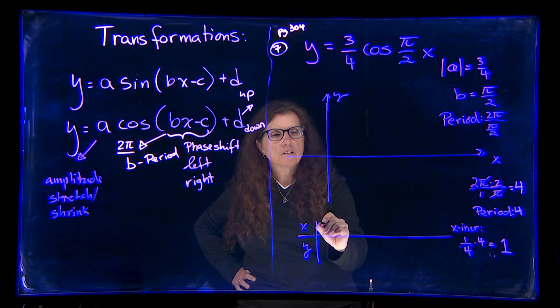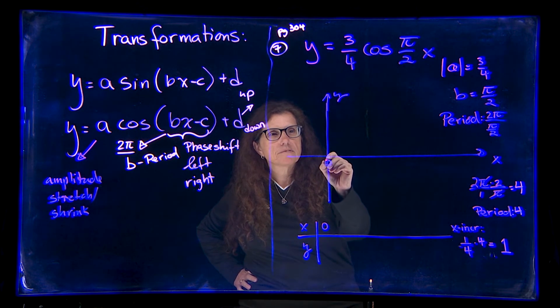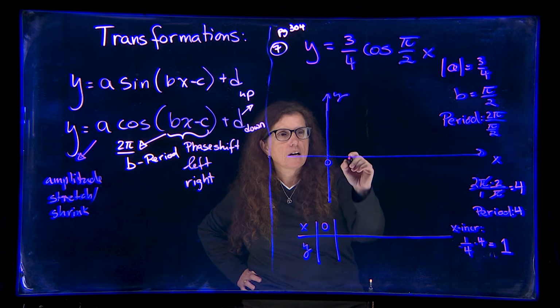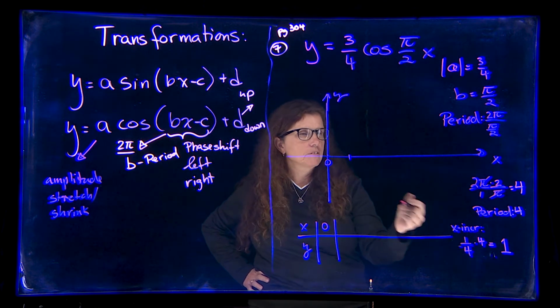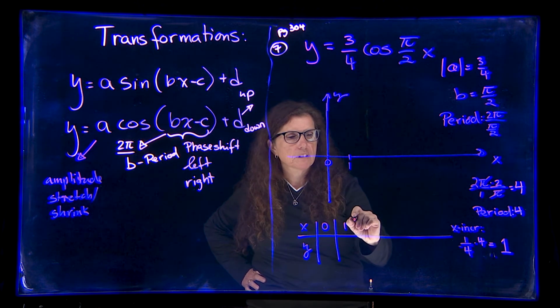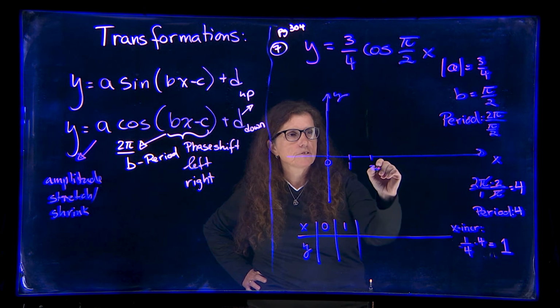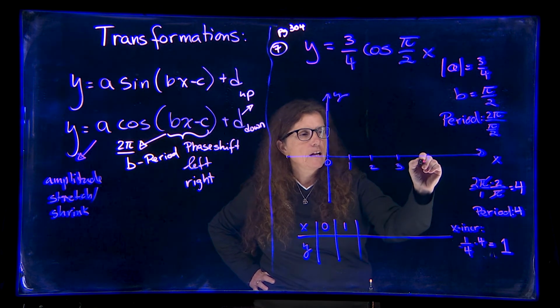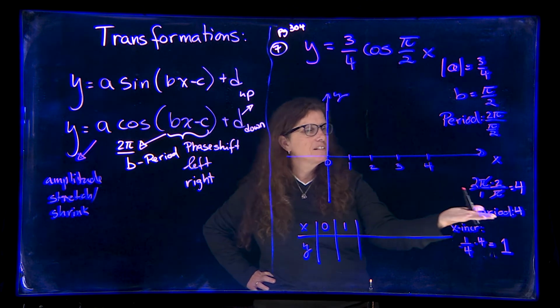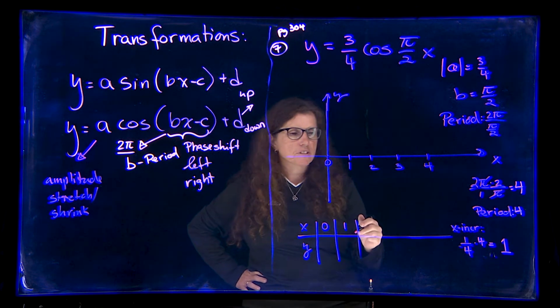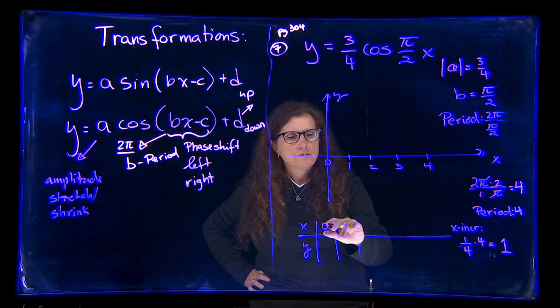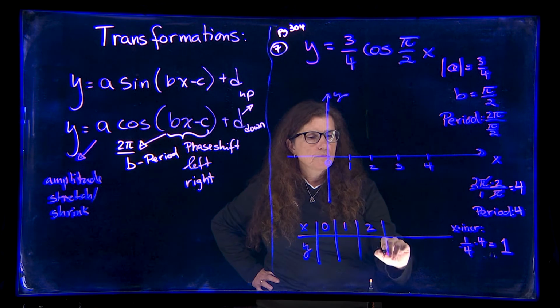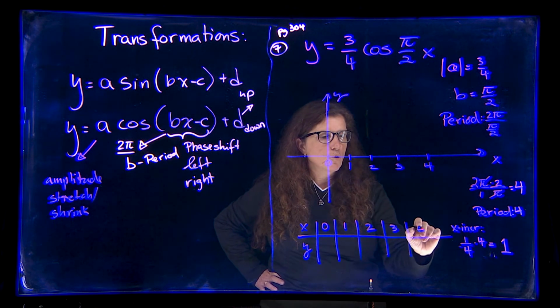So we're starting off with 0. That's right here. Then our next increment, we said it's 1, so we keep adding 1 to it, 2, 3, and we end at the end of the period, which in this case is 4. 0, 1, 2, 3, 4.